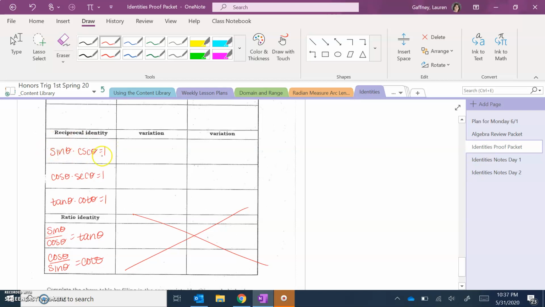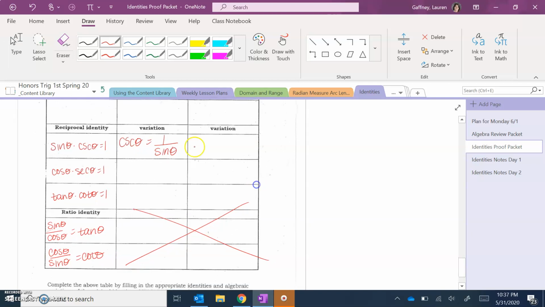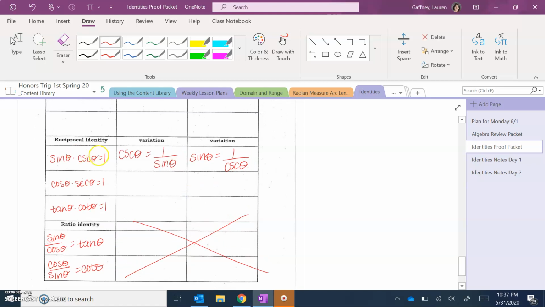If I take this right here, I can do different variations of it. So I could divide each side by sine. If I divide sine over, I can see that cosecant theta is the same as 1 over sine theta. In the same token, I could also divide cosecant over, and I can see that sine theta is equal to 1 over cosecant theta. So that's what they mean by variations here. You can just move stuff and manipulate it algebraically.